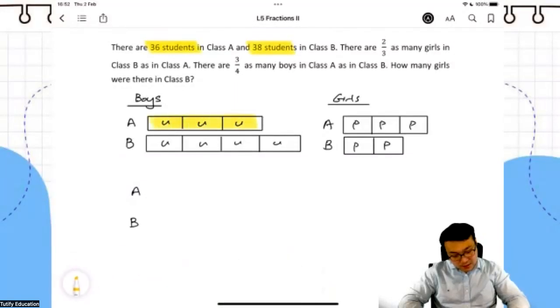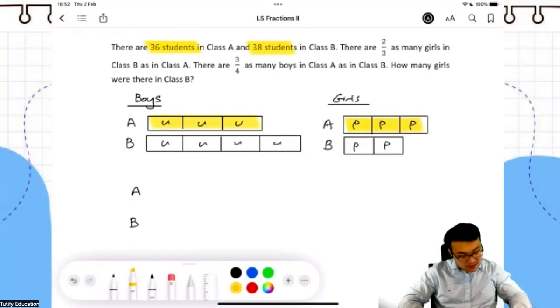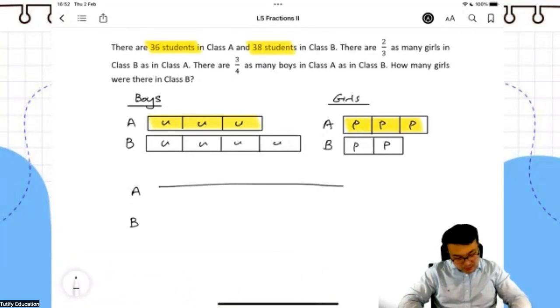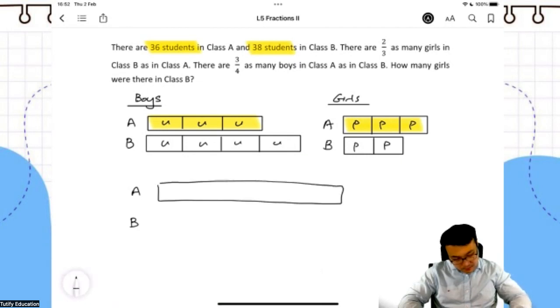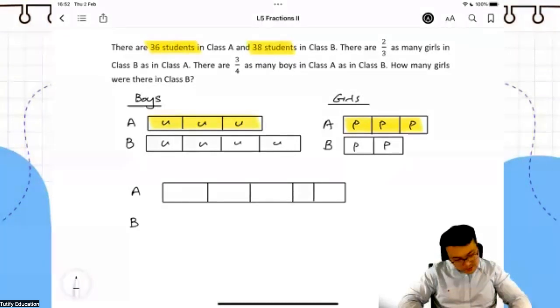I have 3 units of boys plus 3 units of girls in class A. So let's draw it. 3 units of boys plus 3 parts of girls, okay? 3 units of boys plus 3 parts of girls.